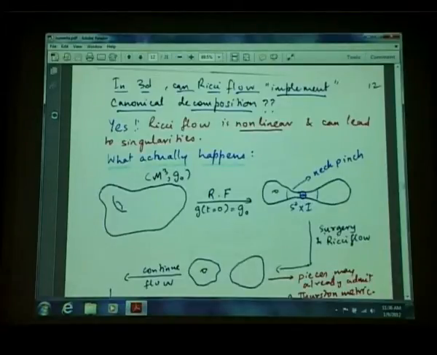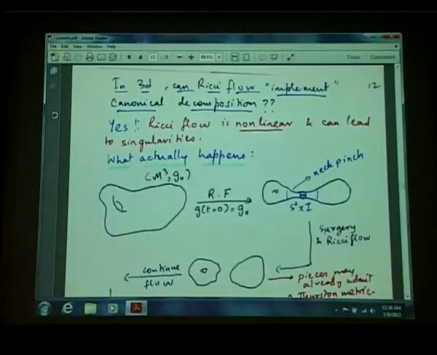So now we see that Ricci flow can actually prove the two-dimensional uniformization theorem. You can ask in 3 dimensions if Ricci flow can actually prove Thurston's conjecture. But the one important point is, can Ricci flow actually, within quotes I say, implement the canonical decomposition?